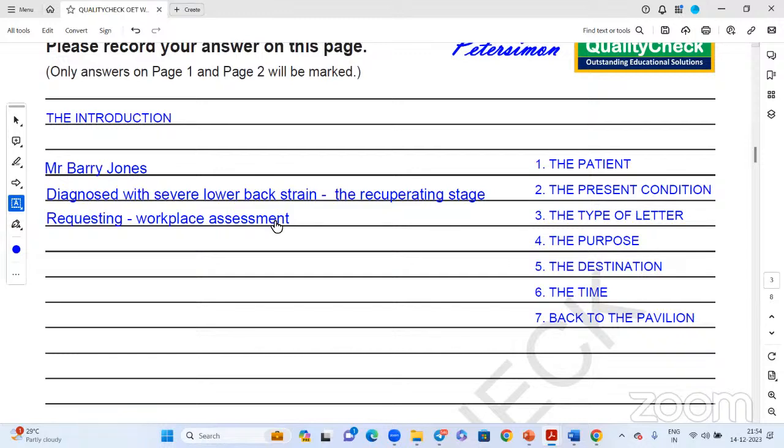That's what he is asking. So next one, the purpose of the letter. Okay, this is a request letter.